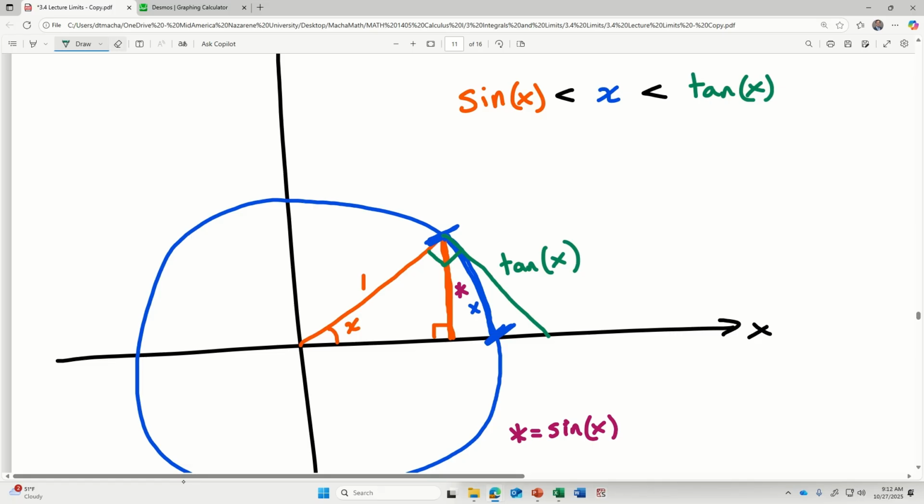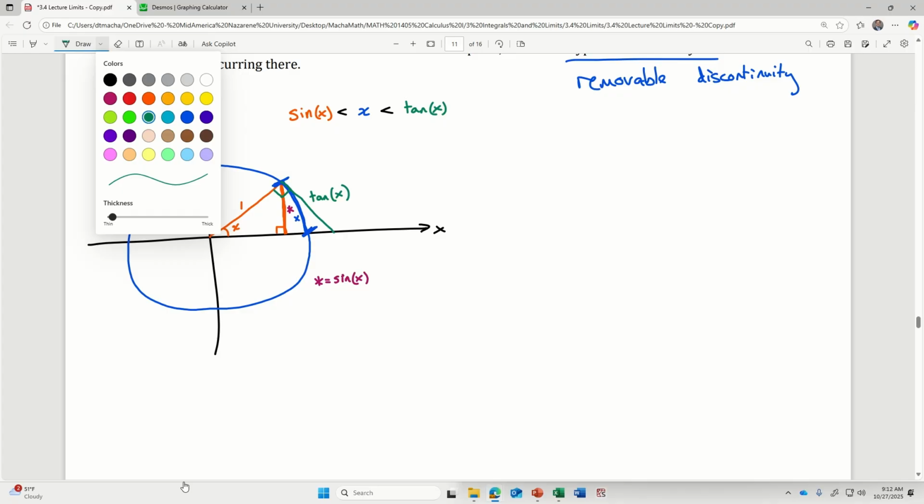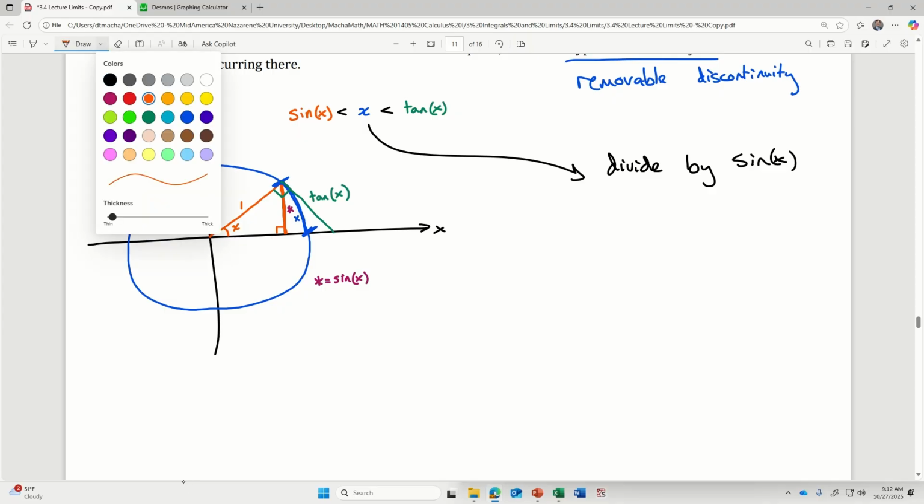The next thing I want to do is divide everything in this inequality by sine. So sine of x divided by sine is 1.